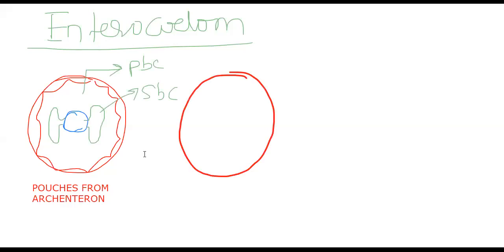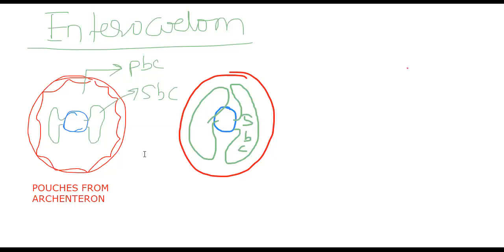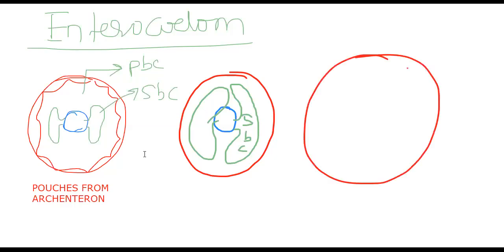Ectoderm, then endoderm, then our mesoderm. Pouches will develop. Pouches are developing, which means the secondary body cavity is developing. Then pouches will fuse. On both sides, the pouches are going to be fused like this.